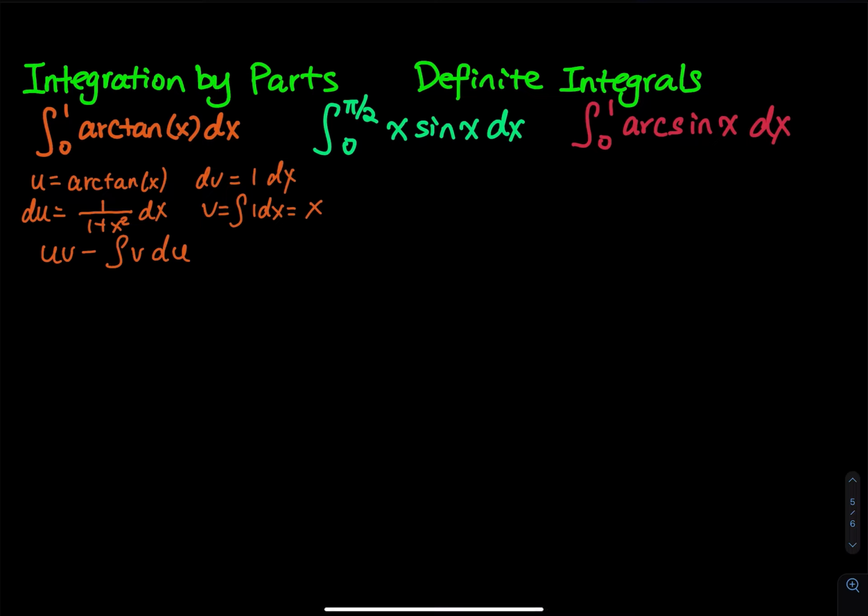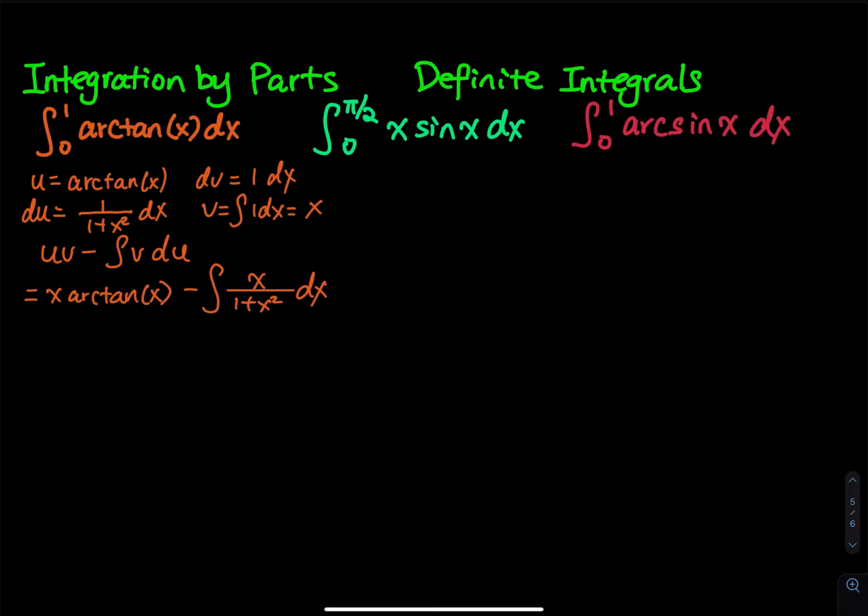So uv is x times arctangent x, and then minus the integral of v du, which is x multiplied by the fraction, x divided by 1 plus x squared dx.